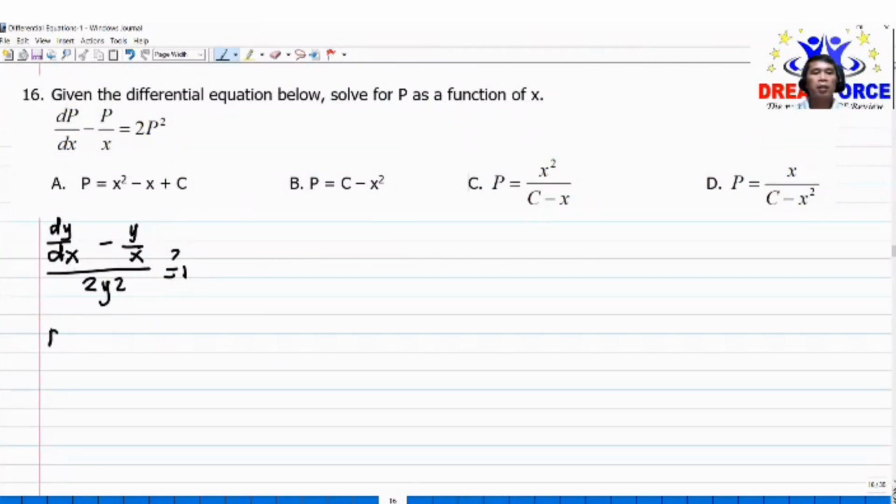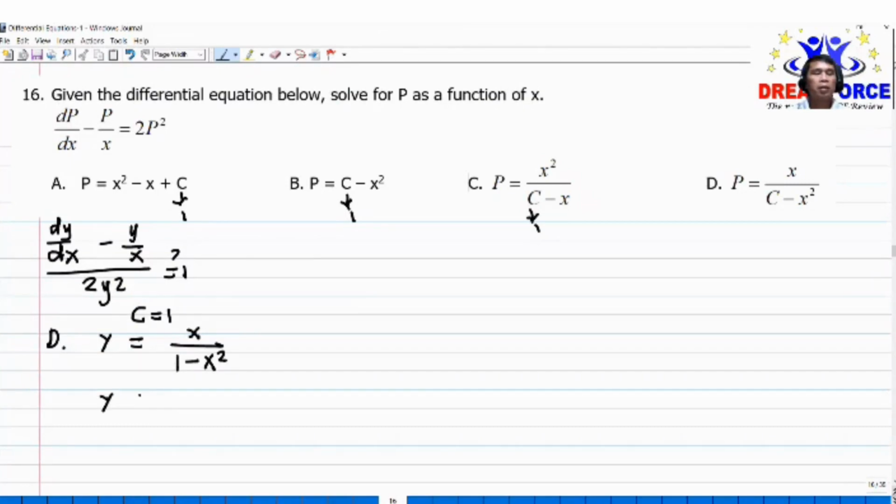So let's try D. So y is equal to x all over, we let c is equal to 1. So kahit dito, c is equal to 1. So x all over 1 minus x squared.